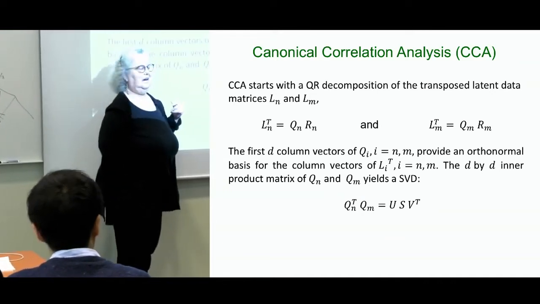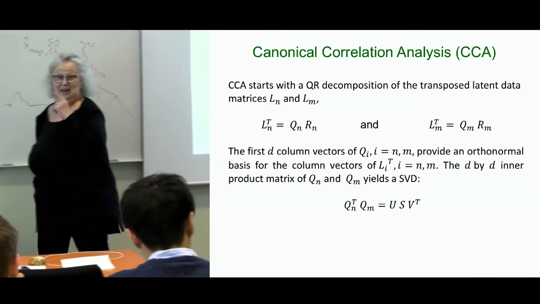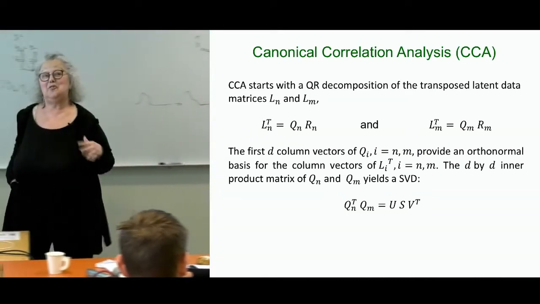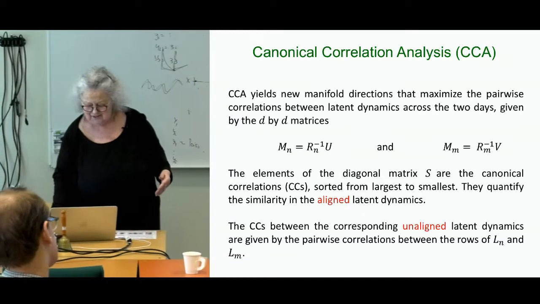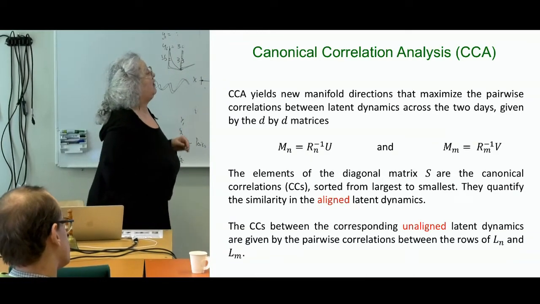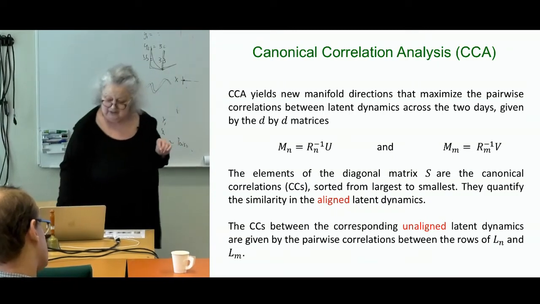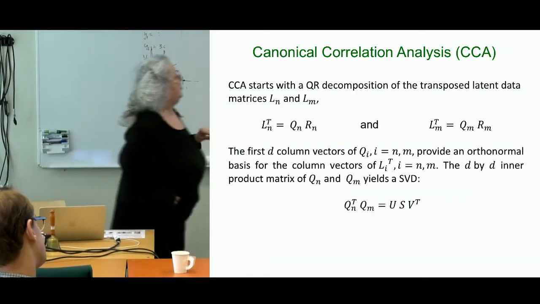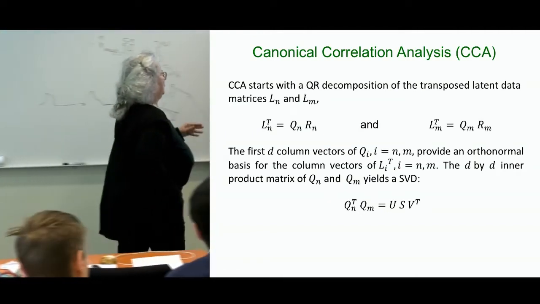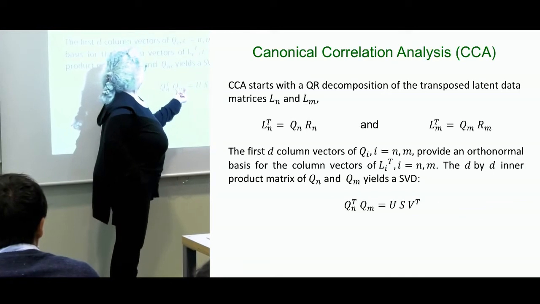I do again an inner product, and I do another singular value decomposition. By now you're very good at doing singular value decompositions because we've done like 5 or 6 of them. And what you do now is you use this matrix U and V that you get from the singular value decomposition. You say U is the matrix for the n, and V is the matrix for the m.